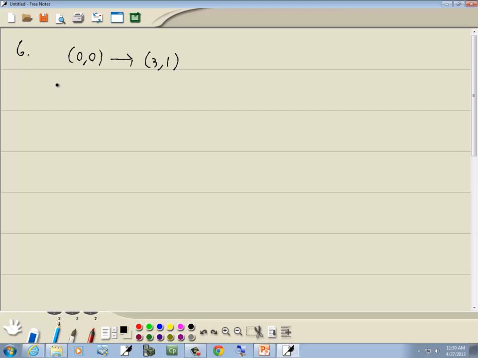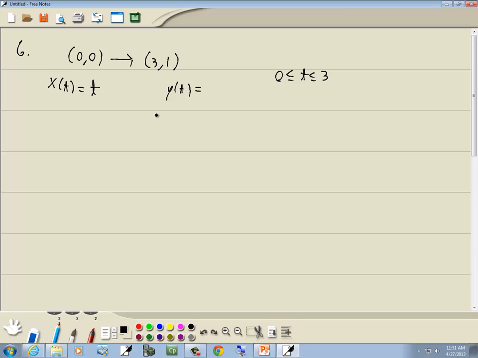If I try and find x of t and y of t, if I specify that t is going from 0 to 3, and again, it makes it a little bit harder when we plug in the 3. 1s are always nice, so we could set it up as 0 to 1, but we'll go 0 to 3. Then this would automatically be t. Because if I put 0 in for t, we'd have 0, which gives us our first x value. If I plug 3 in for t, it gives us 3, which is our second x value. So that works for that. We just need to find out what the y is.